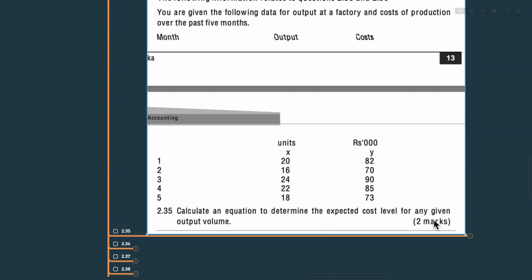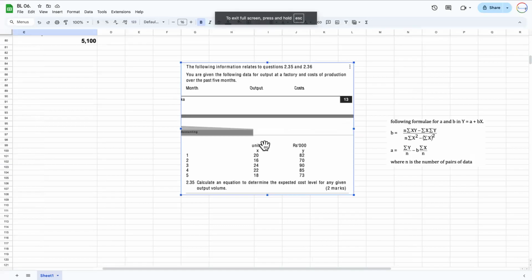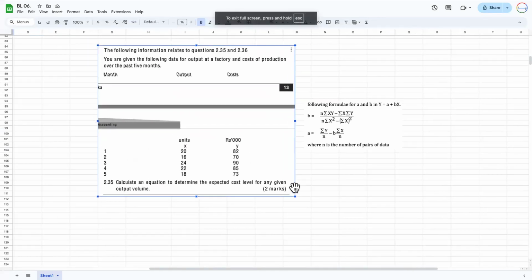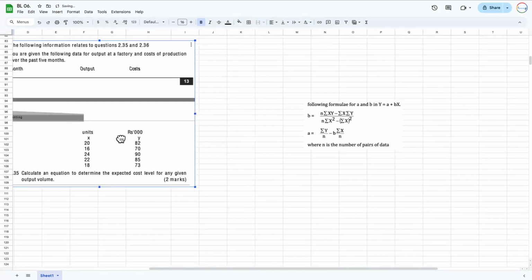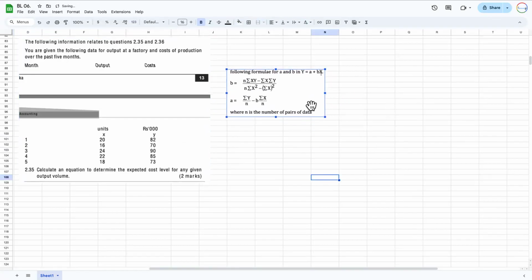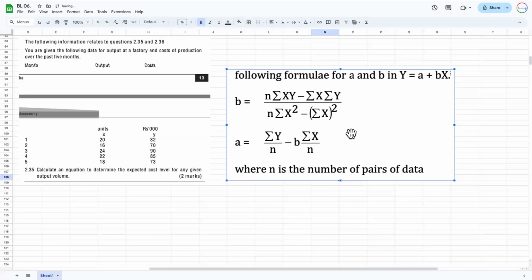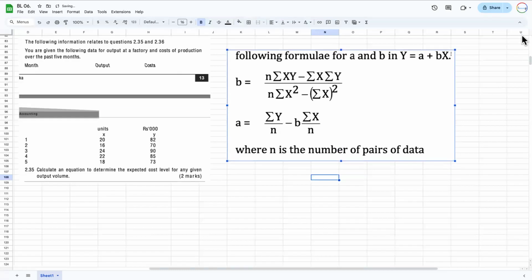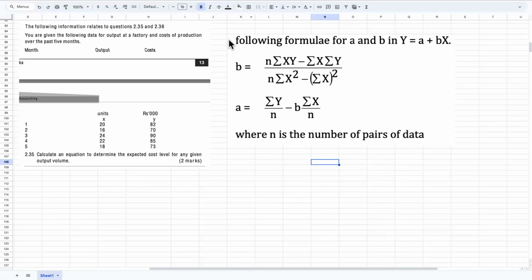So let's do this question. I have this question here for our reference purpose. And this is the formula. Anyhow, you have to remember this formula, guys. There is no other way. This is a computer-based exam, so we cannot expect they will give you formulas. So you have to memorize the formulas, right? How we can calculate this b value, how we can calculate a value, it is very easy.